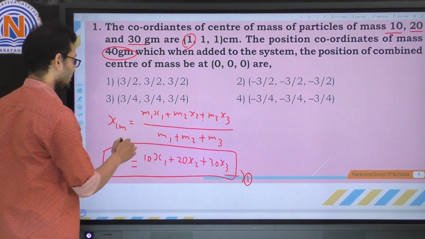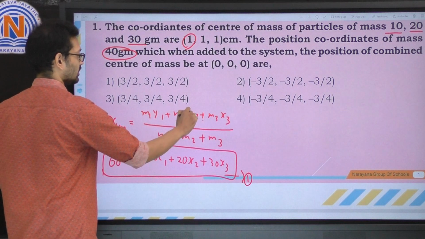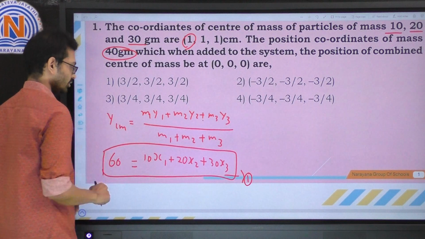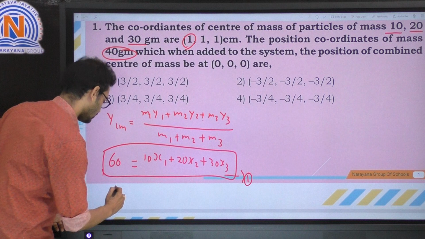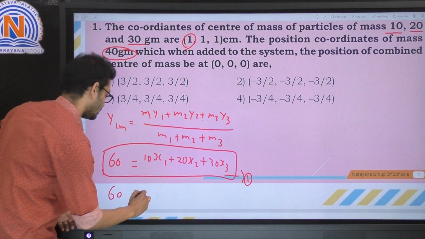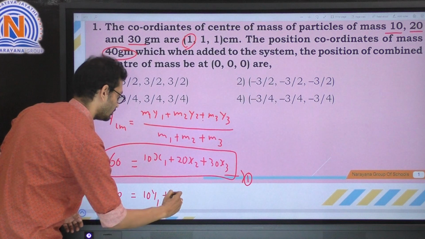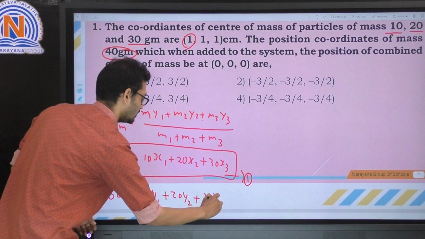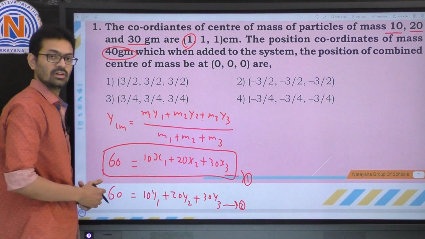So you can simply write m1 y1 plus m2 y2 plus m3 y3, and this is y center of mass. And what happens if you try to find out y center of mass? You are going to get 60 is equal to 10 y1 plus 20 y2 plus 30 y3. Now let us take this as the second equation.